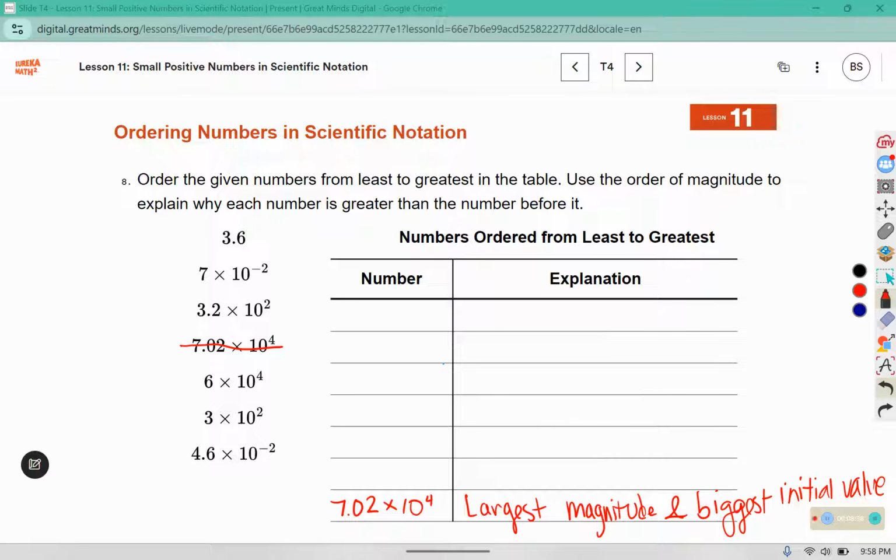Now the next biggest order of magnitude is still that 6 times 10 to the 4th, because it has the next largest magnitude.